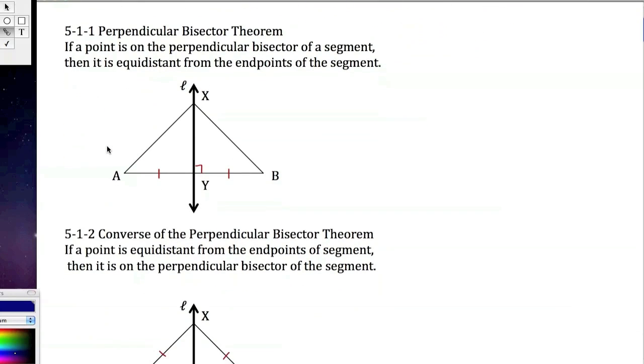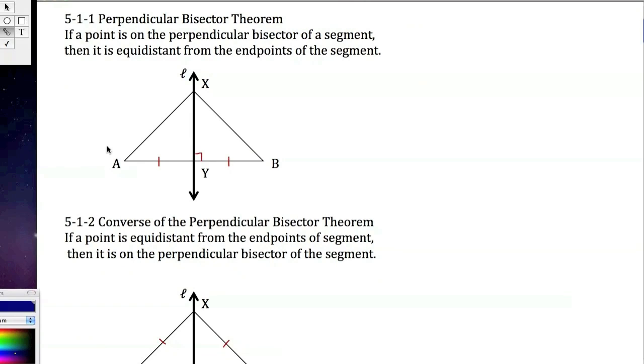The first way that we see this is in theorem 5-1. If a point is on the perpendicular bisector of a segment, then it is equidistant from the endpoints of the segment. So for example, if we look at point X, we would say that XY, the segment, is perpendicular to AB. And we know this because it forms a 90-degree angle. We would also say that segment YA is congruent to segment YB. That's what it means to be a perpendicular bisector, because it's perpendicular and it bisects.